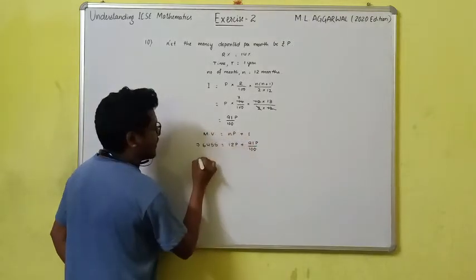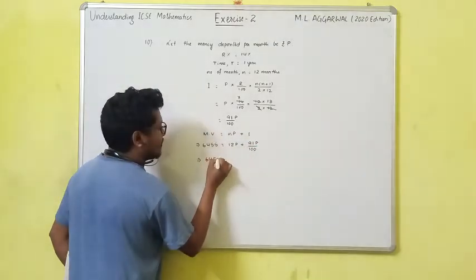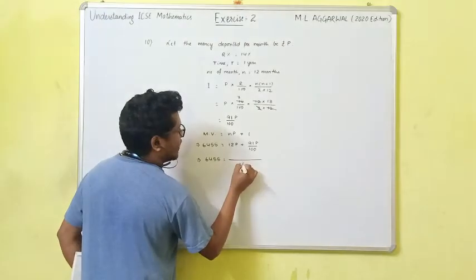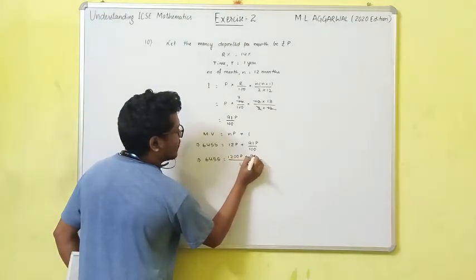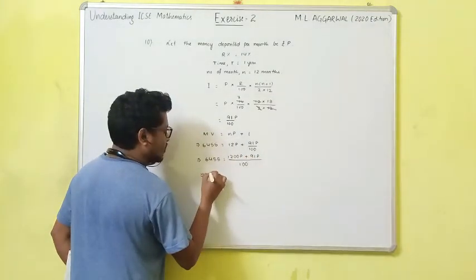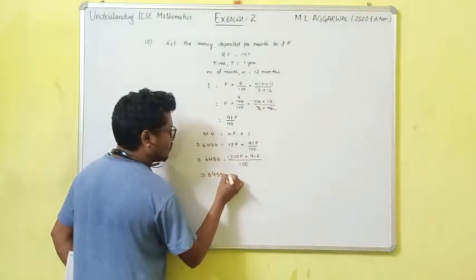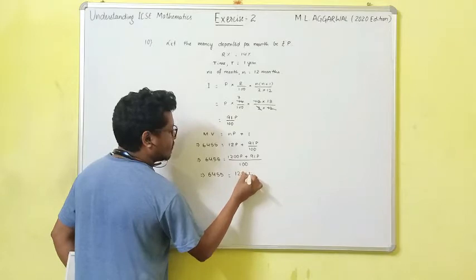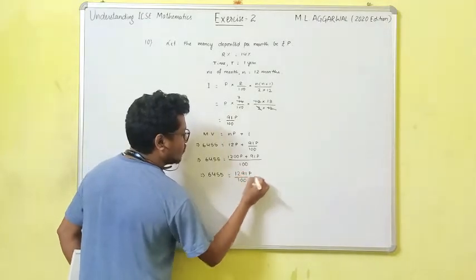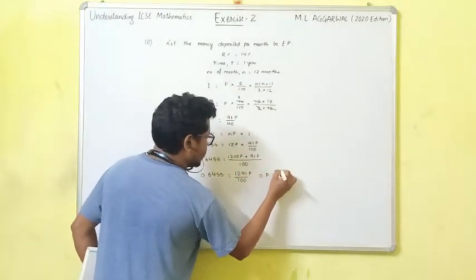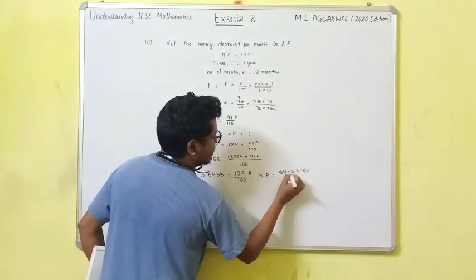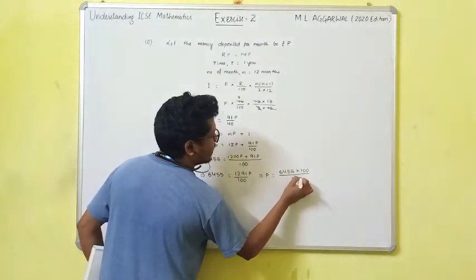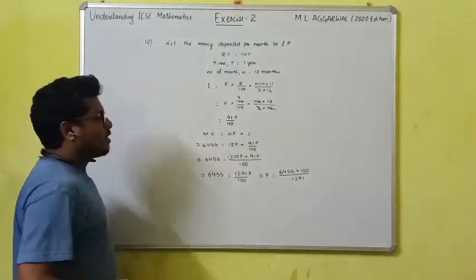So here you can write directly 6455 is equal to, take the LCM 100. So here it will be 1200p plus 91p. So now 6455 is equal to 1291p by 100. So p is equal to 6455 into 100 by 1291.